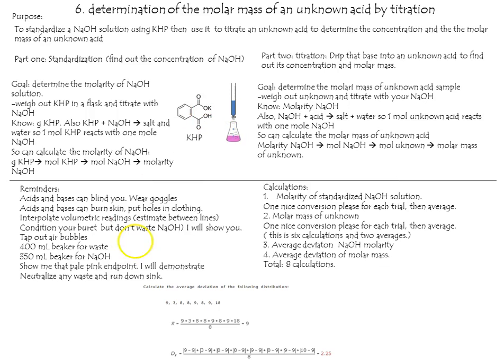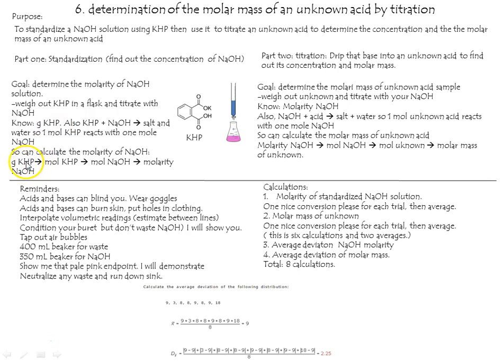We know the molarity of the KHP. We know the volume of the KHP. We know the volume that would be required to drip in here, and what we don't know is the molarity. So hopefully you can see that with that amount of data and the fact that it's a 1-to-1 mole ratio, we can calculate the molarity of the sodium hydroxide. Here's the flow.